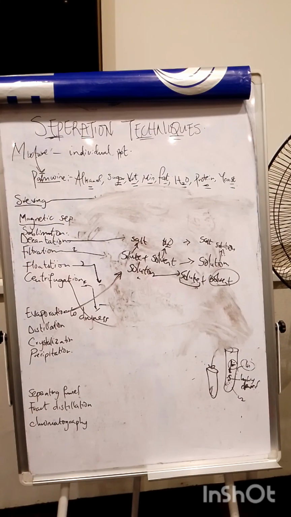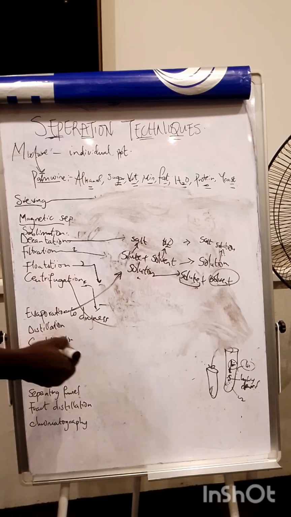You can use this method only if your solute does not decompose on heating, so that when you are heating, it will not decompose. But if it's the type that decomposes on heating, that's when you employ crystallization. Are you with me?